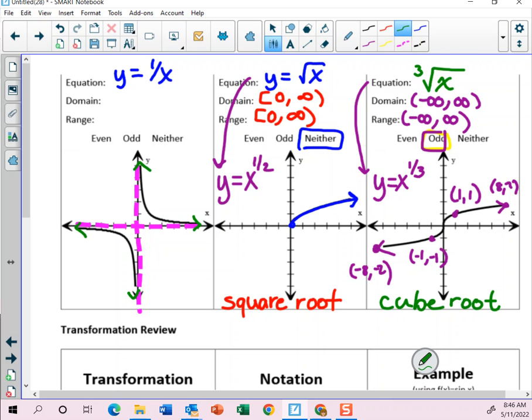We spent a lot of time graphing really complicated rational functions and talking about all the details of the holes and the asymptotes and how to draw in the curves. For the basic rational function, we just need to know a couple basic things. First of all, we've got a horizontal asymptote along the x-axis. We've got a vertical asymptote along the y-axis. What that does is it splits our domain at 0 and it splits our range at 0.